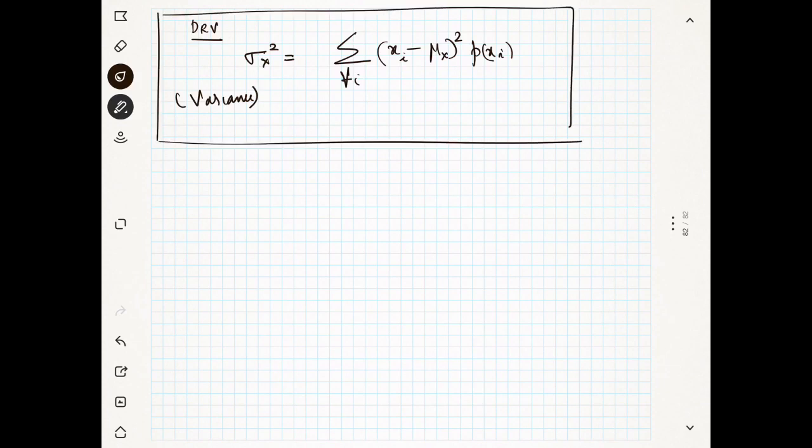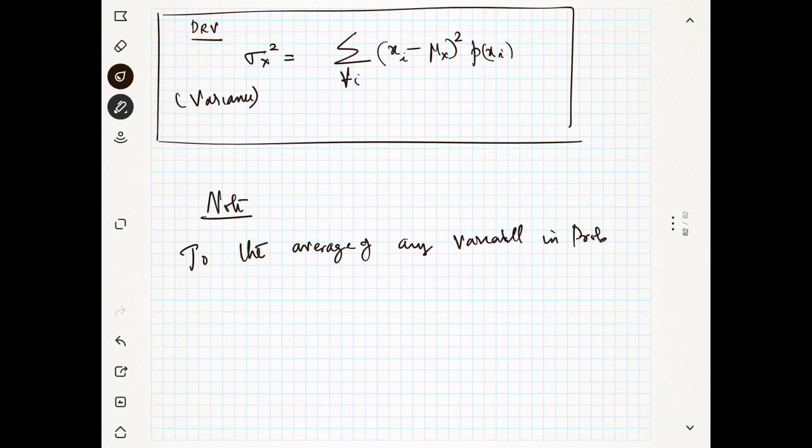So I would like to make a note on this. To find the average of any variable in probability theory, let's say the variable is some variable z. How to find the average of this? The average is nothing but you have to sum for all i.